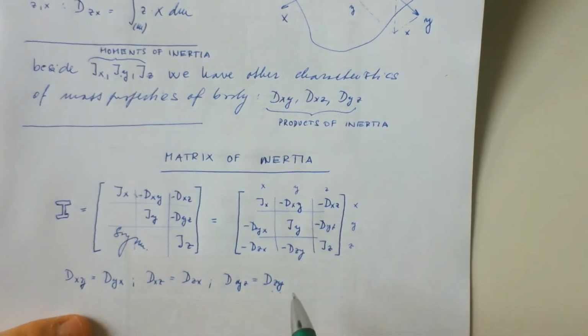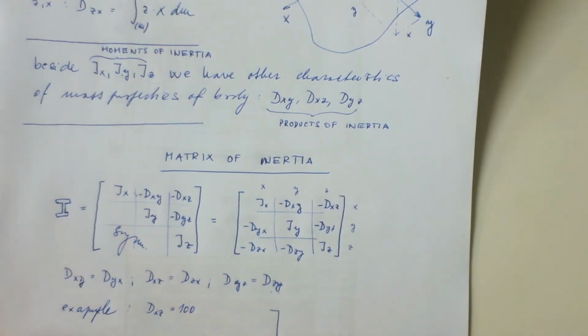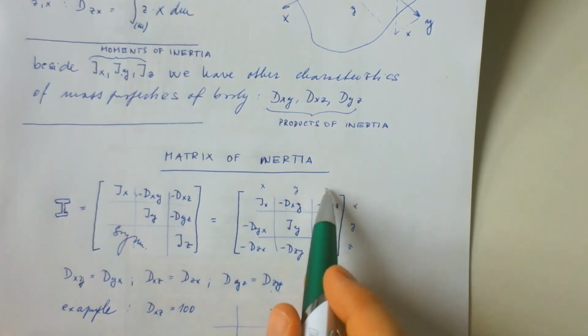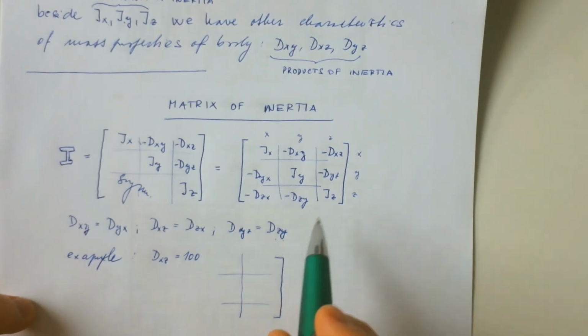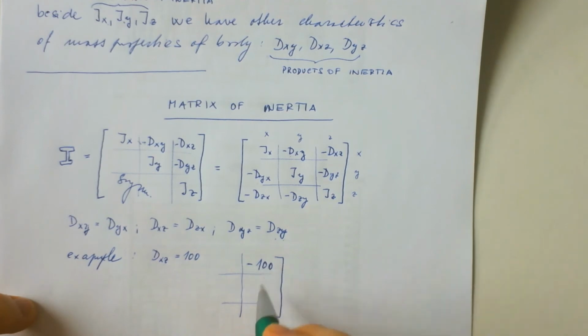If, for example, dxz is 100, so in matrix, in this corner, I write minus 100.